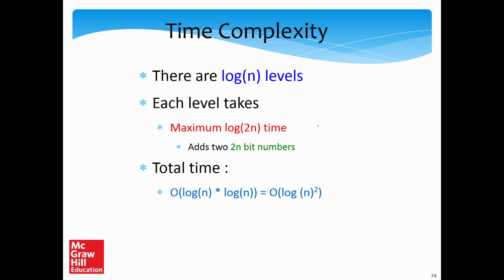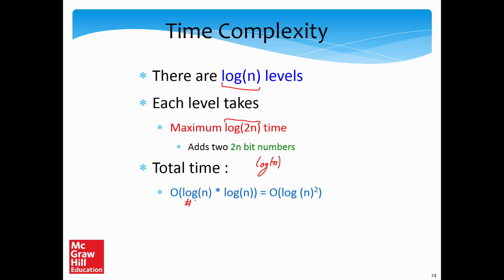So we have log n levels and each level takes a maximum of log of 2n time, which is the same as log n because we always ignore constants in our work.